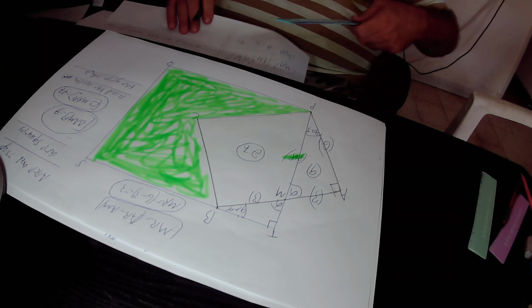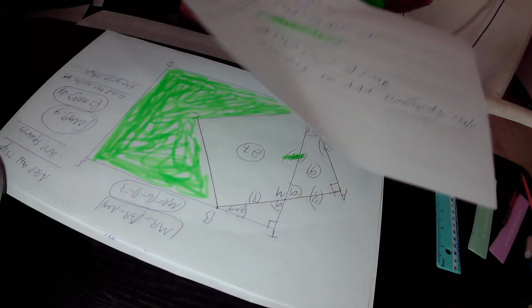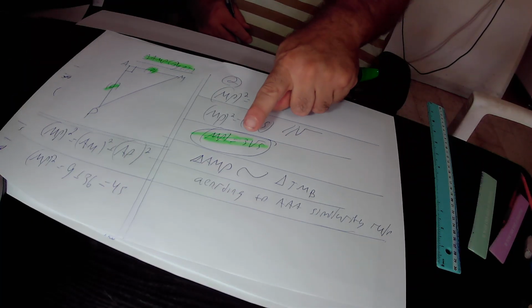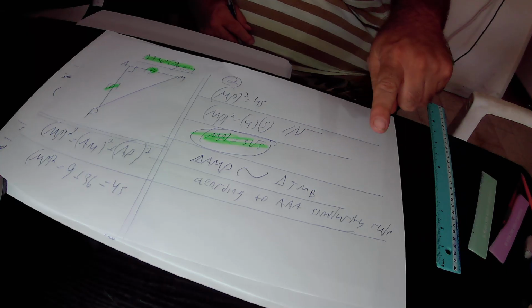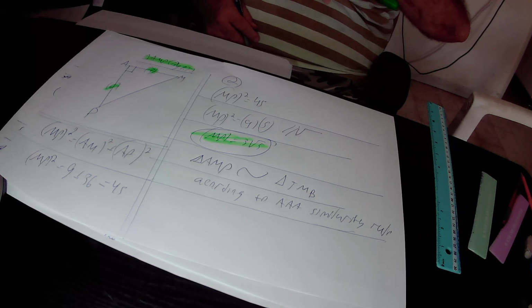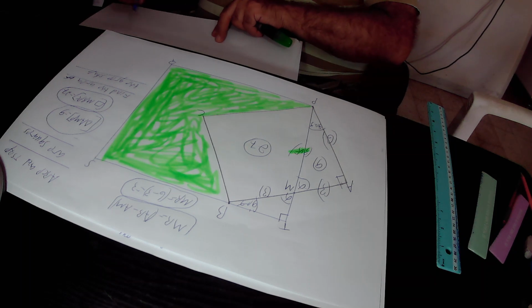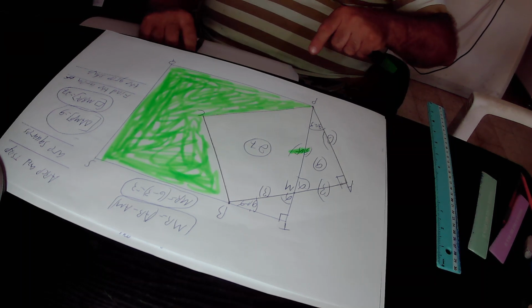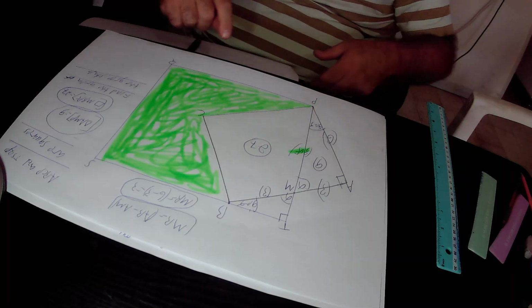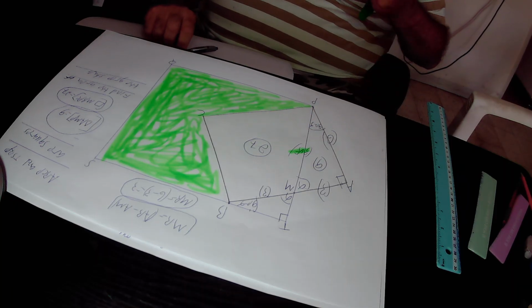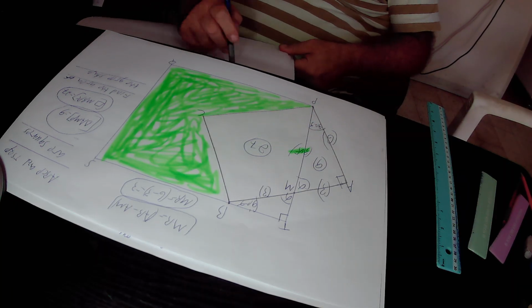And then again, from the fact that these two right triangles are similar to each other, we will derive that the following relationship exists between their sides.